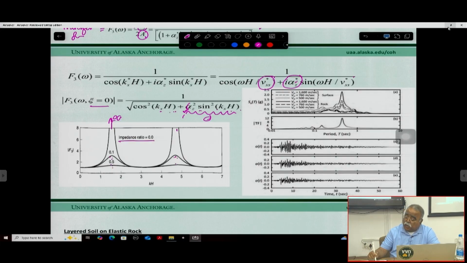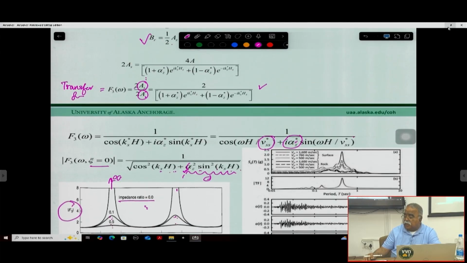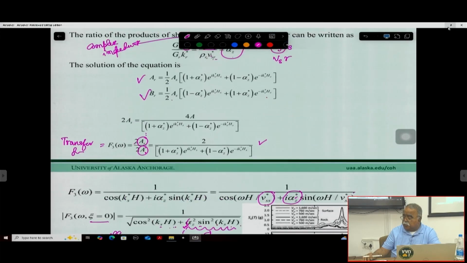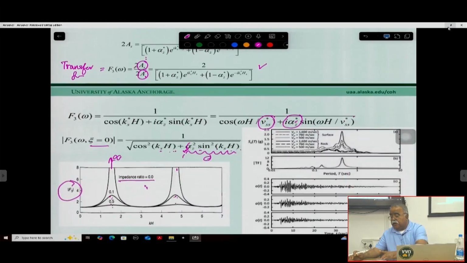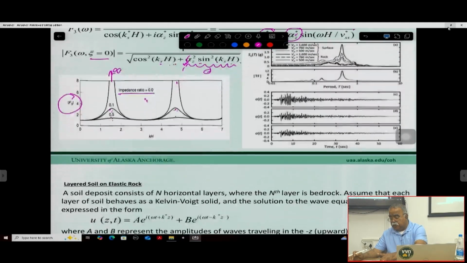So here also you can see that if there is an elastic rock present and there is damping of the soil, then also it is possible that your fundamental value can be 0 depending upon the impedance contrast.